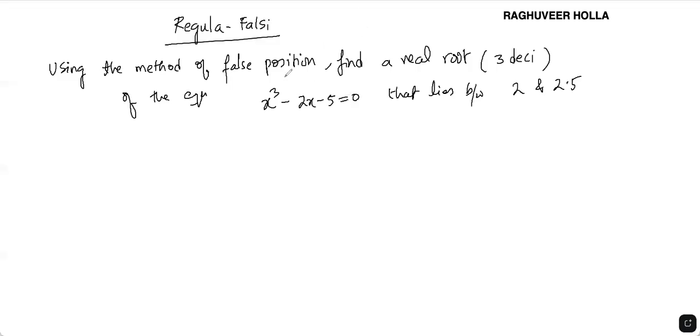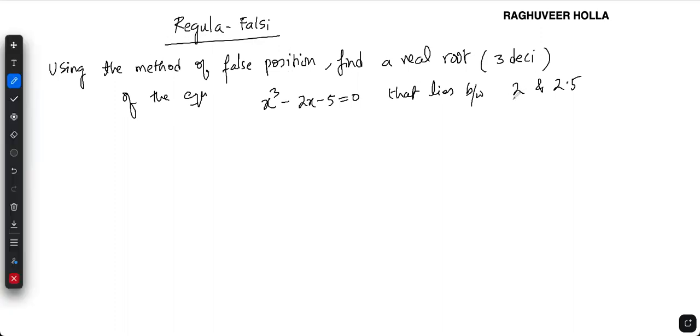This is the equation where you have to find the real root up to 3 decimal places. Here it is given that the root lies between 2 and 2.5.